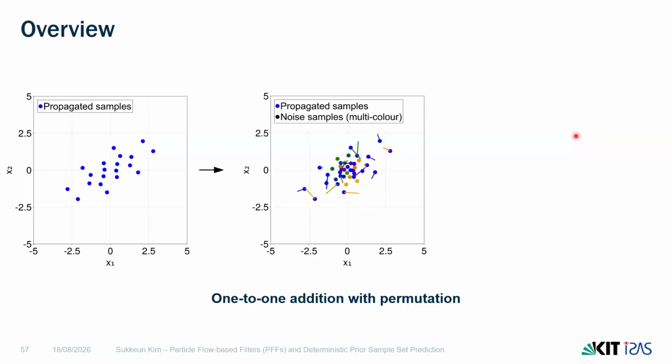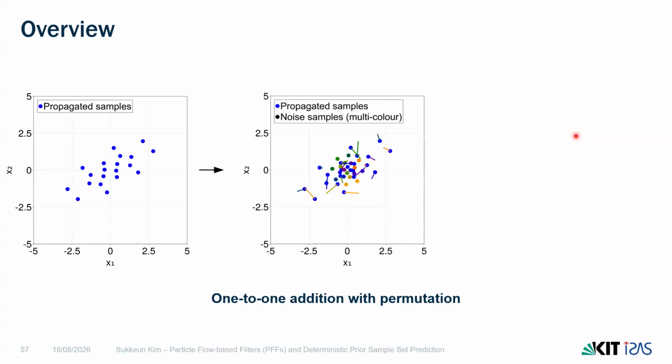When we use the particle filters, we need to add noise to this sample set because there's uncertainty in the time propagation or dynamics that we use. In the normal particle filter, we simply add random noise, but we didn't want to use random noise, but rather a somewhat deterministic method, like an optimal error, that we wanted to use.